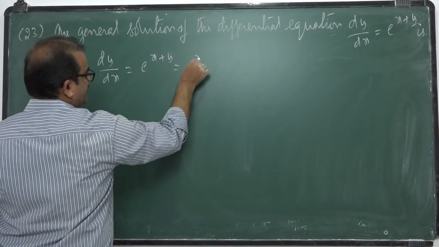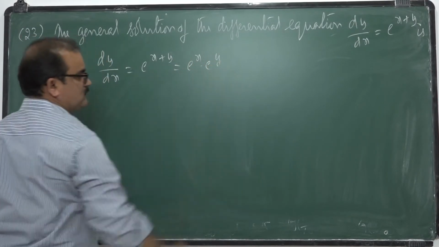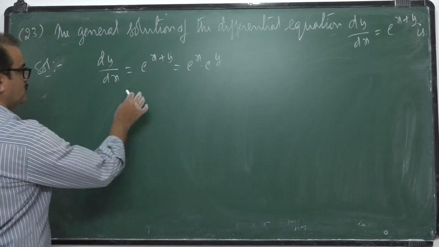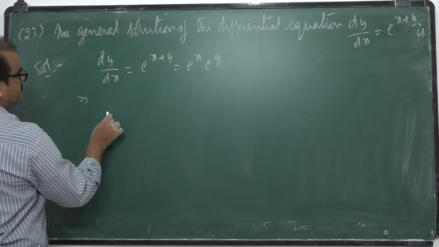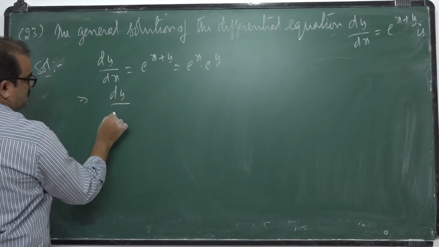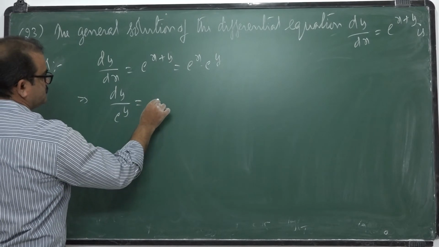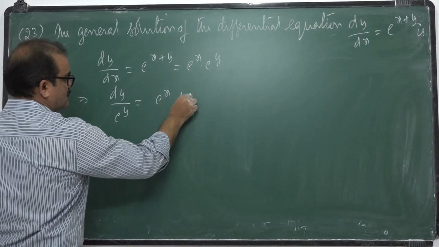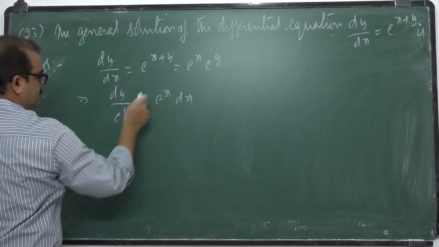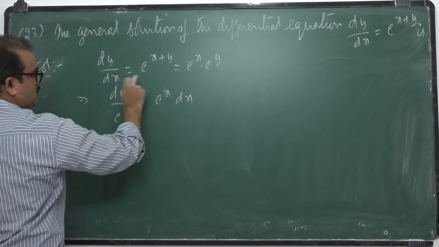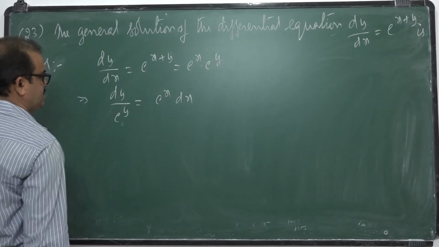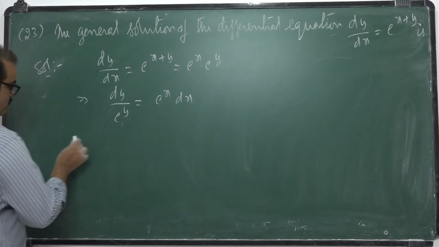This is taken as e power x into e power y. Now separate the variables. Separate x and y. We get dy by e power y is equal to, cross multiply, e power x into dx. Okay, now integrating.